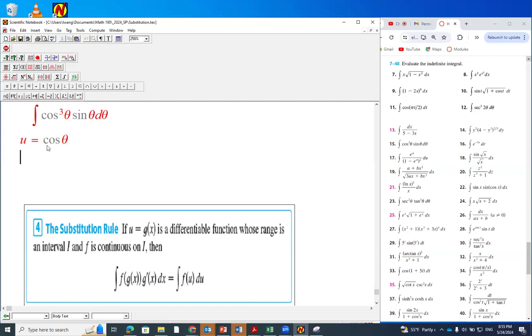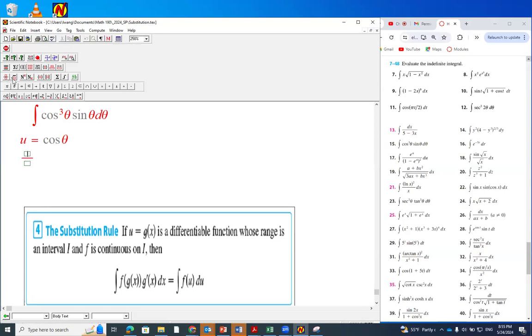Why? Well, you'll find out. You experiment, right? And you'll find out. The derivative of u with respect to theta equals negative sine theta, d theta, sorry.